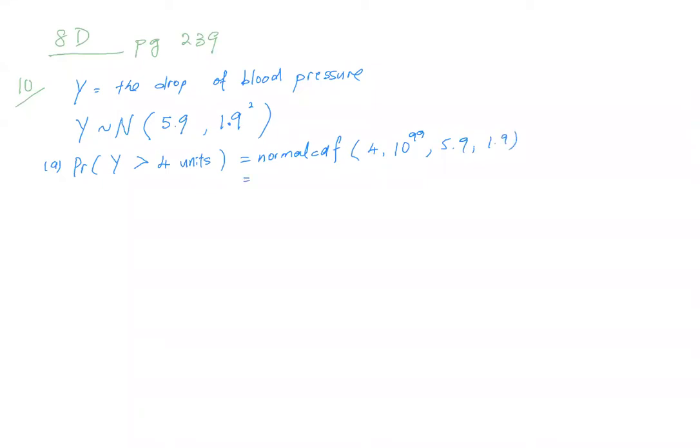Okay. What is the answer? Cindy, what is the answer? I'm still keying in, okay. For 10 to the power 99, 5.9, 1.9. Okay, Cindy, you should be able to give me the answer already. Oh, syntax error.